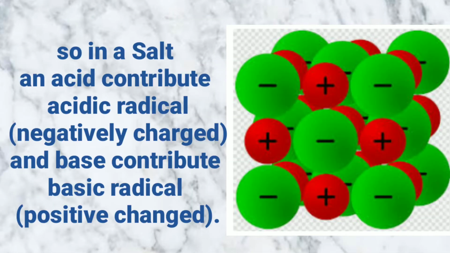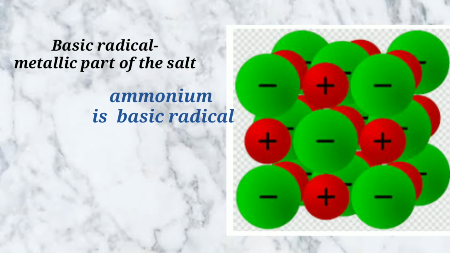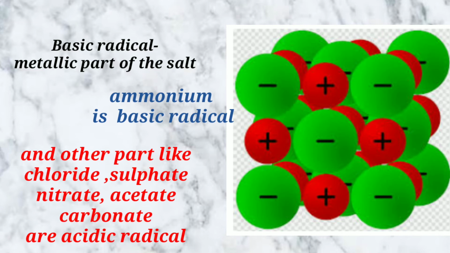So every salt has a basic radical and an acidic radical. Basic radical is a metallic radical, the metal part, or ammonium radical. Ammonium is also a basic radical, and the other part is the acidic radical which is coming from the acid. Got it? Let us see a few more examples.